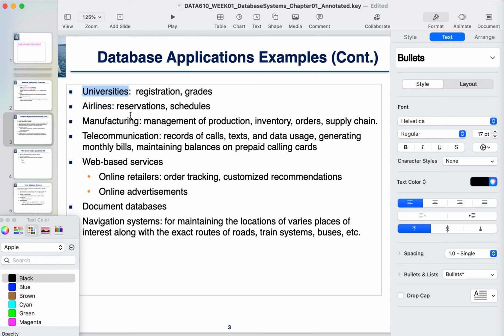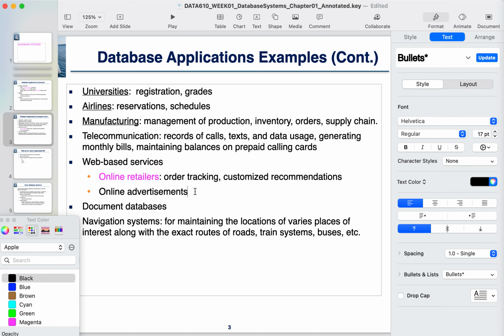Can any of you give another example of what databases can be used for? Like online shopping, e-commerce businesses. Very good. Online shopping.